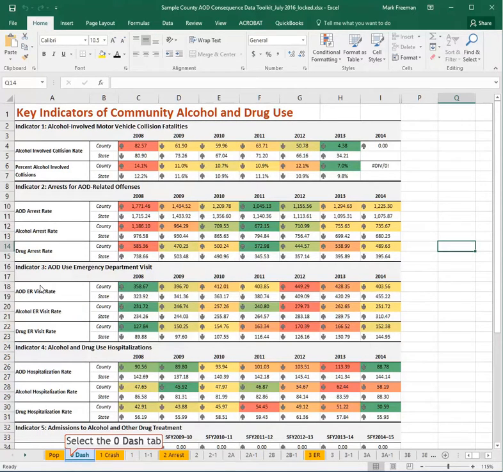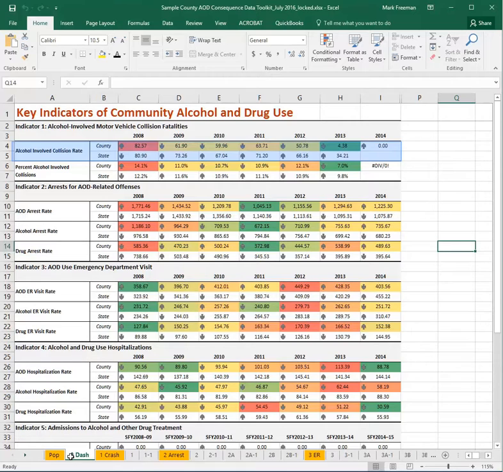The dashboard, located next to the Pop tab, provides a quick overview and comparisons between each of the indicators, and is presented at both the county and state level to allow county rates to be evaluated against a relative average. Data entered into those yellow data entry tabs will automatically populate the dashboard, and California is already entered for you.